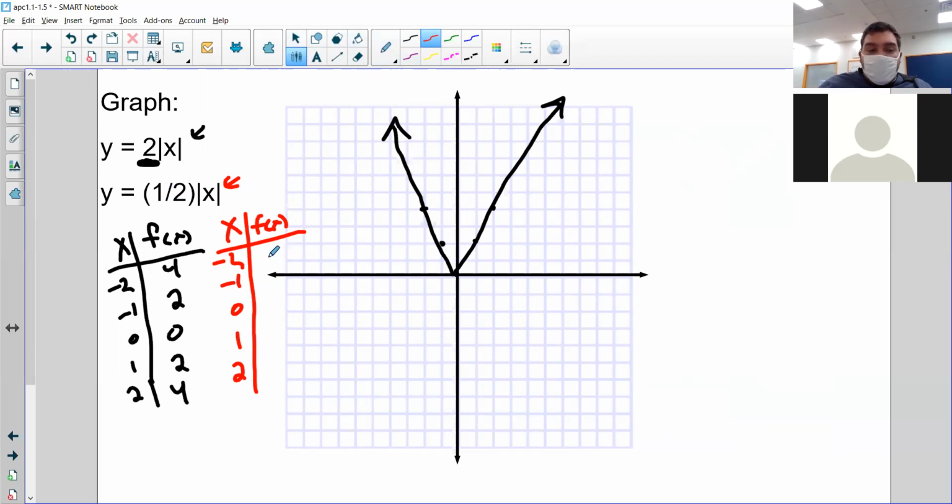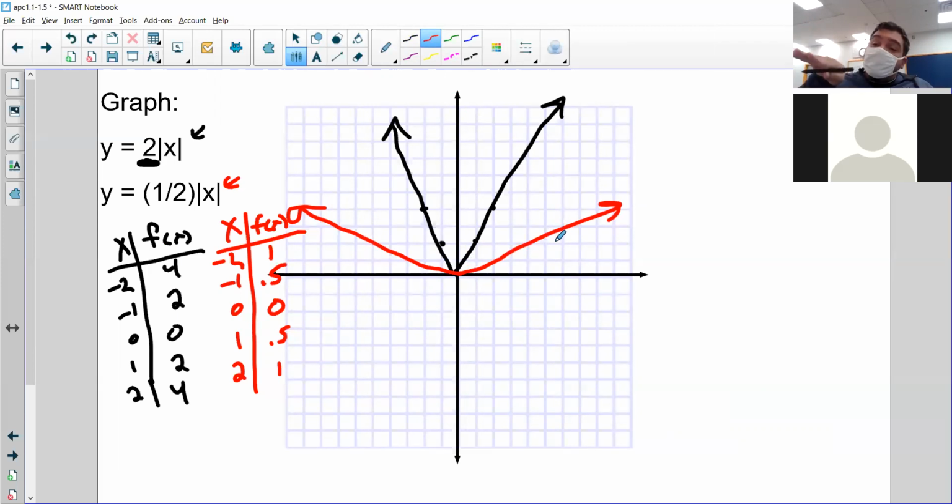So half of +2 would be a 1, 0.5, 0, 0.5, 1. A little bit flatter, or quite a bit flatter, I should say, in that sense.